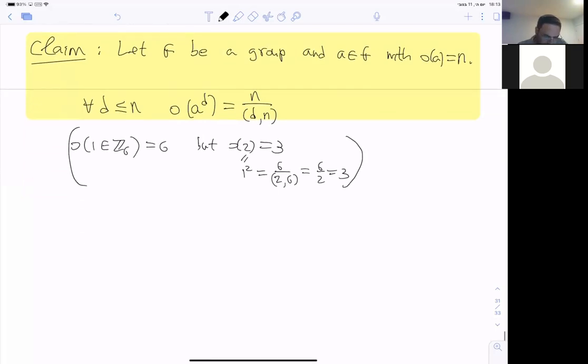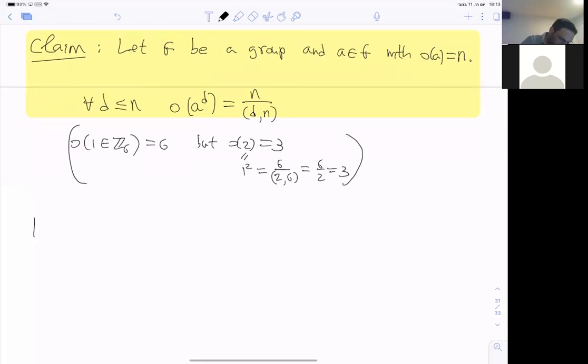Okay, why is it true? Proof. In order to show that some number is the order of some element, we need to show two things.